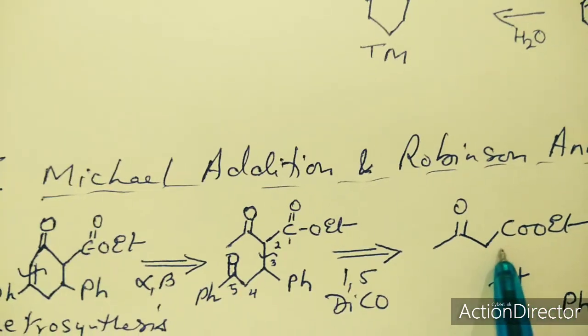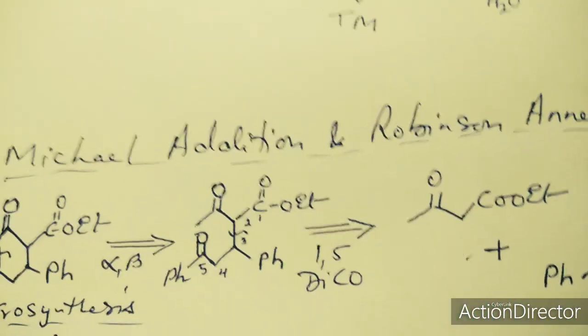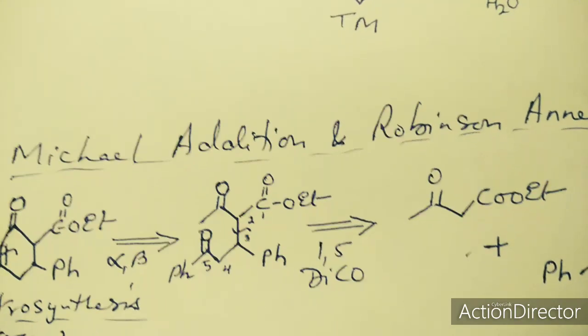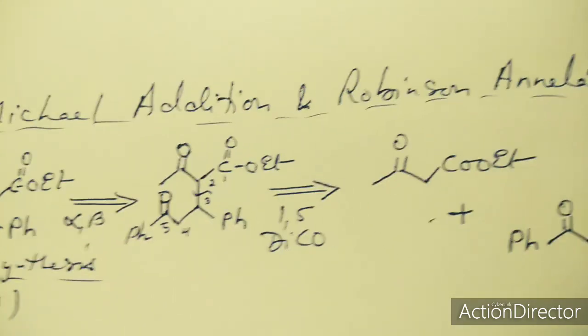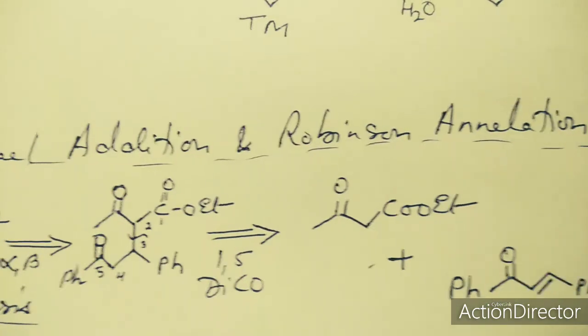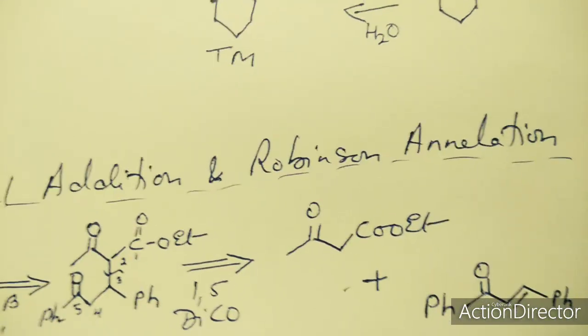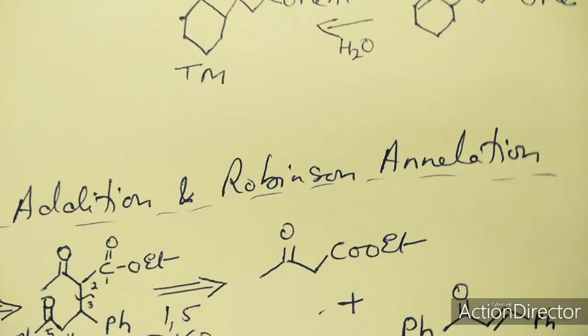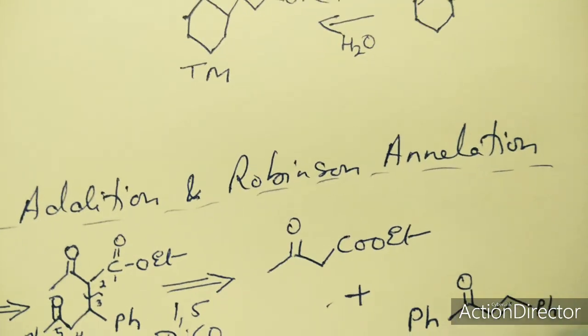So CH2COEt, and the other end which is formed from this is our C6H5CO, that is the remaining portion with the C positive and pH. Now what will the C positive form at the disconnection?